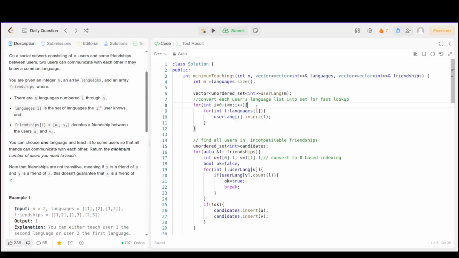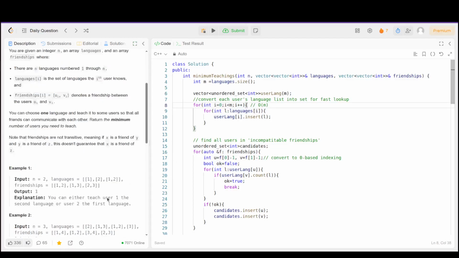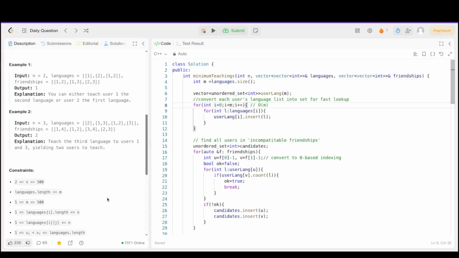Let's try to find the time complexity of it. This will run for big O of m, from 0 to m, and it iterates through the languages of i. That means languages of i is how many languages the ith user knows. At max, the ith user can know n languages, so it will go big O of n, and its total gives big O of m into n.